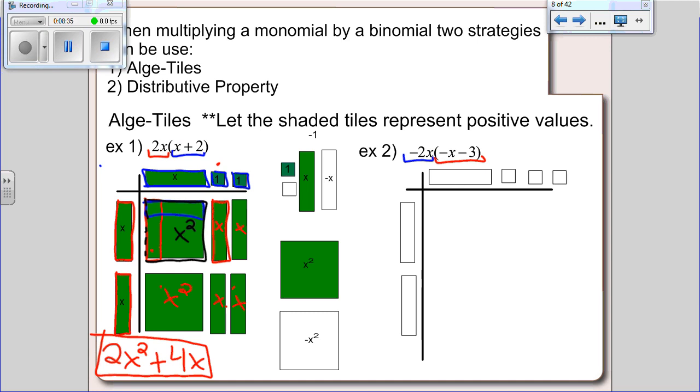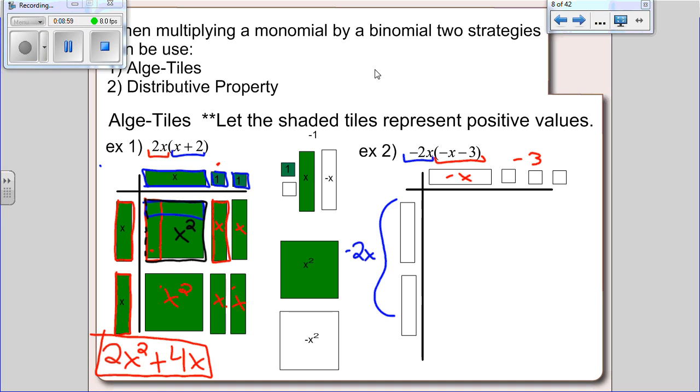Down the side, I have my negative 2x right here. Negative 2x. Across the top, I have my negative x, and then my minus 3. Now I have to figure out what happens when these things combine with each other.